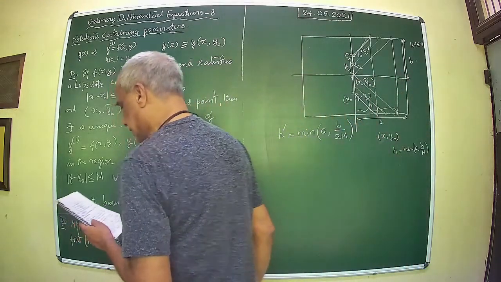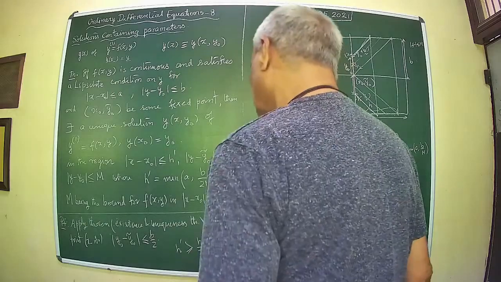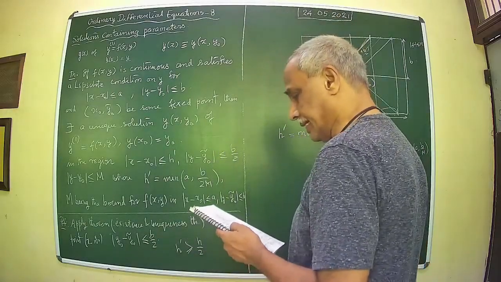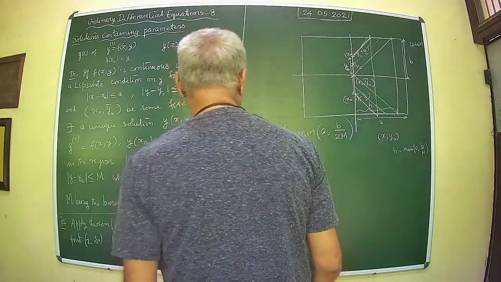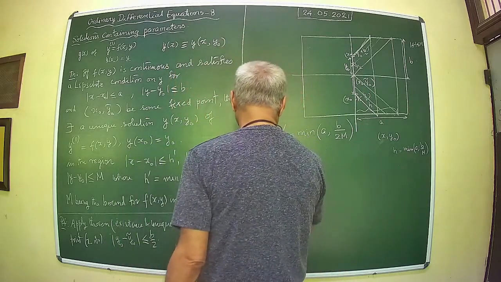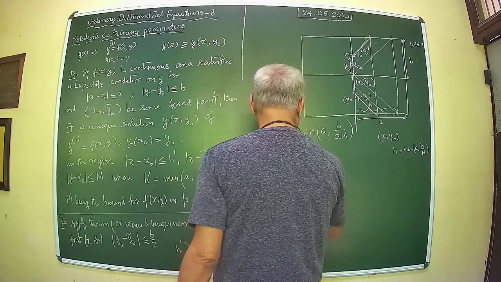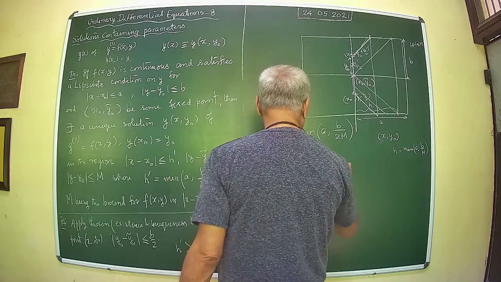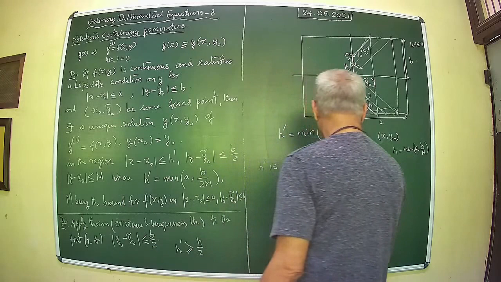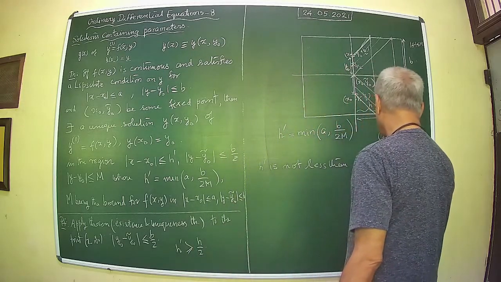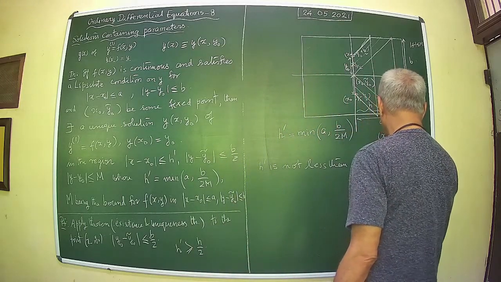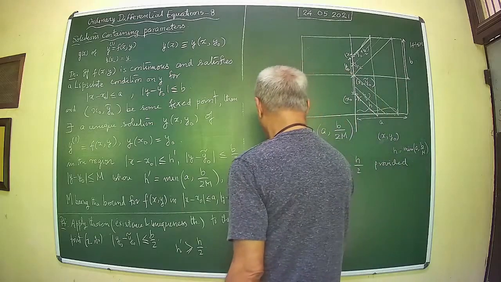So you just use this theorem, and then what you get is that h prime is not less than h by 2, provided y naught belongs to the segment.